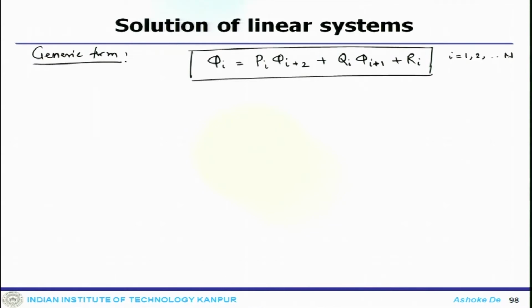Now you compute phi i minus 1 and phi i minus 2 using this equation.